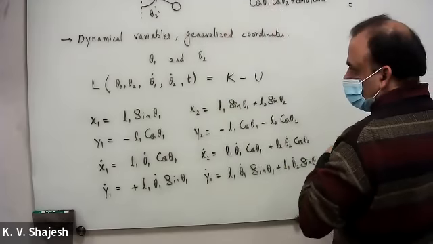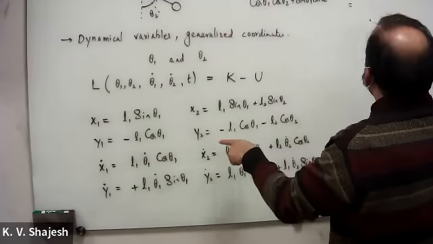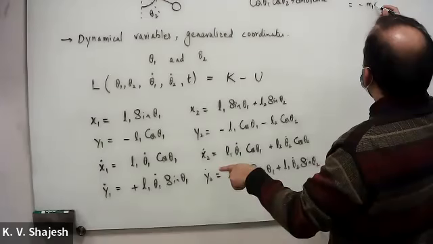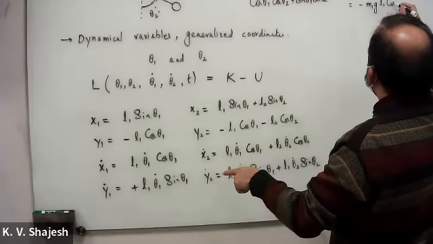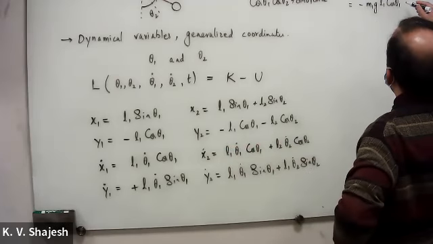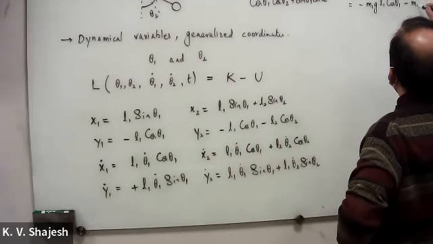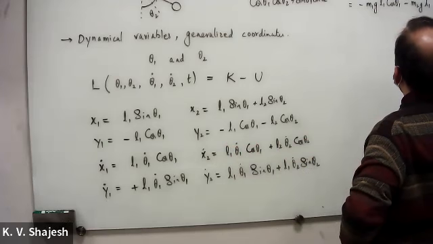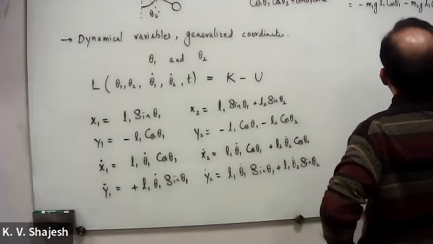So Y1 is minus M1 G L1 cosine theta 1, and this is minus M2 G L1 cosine theta 1.